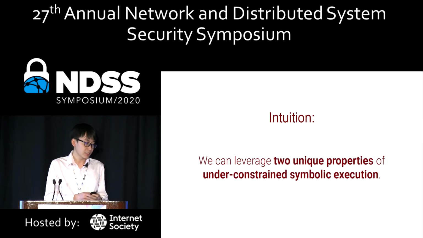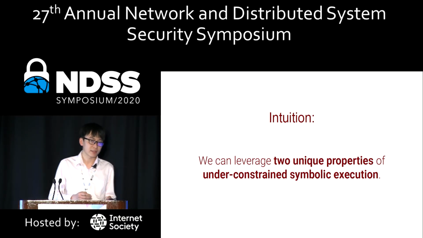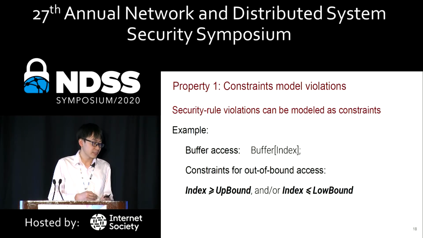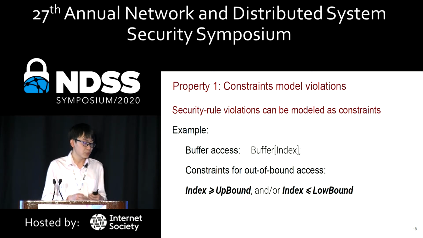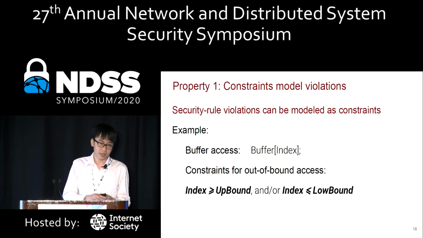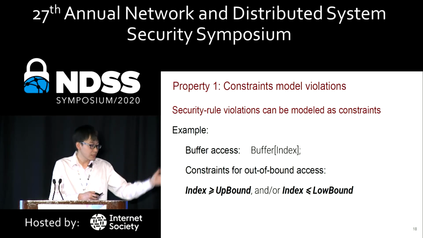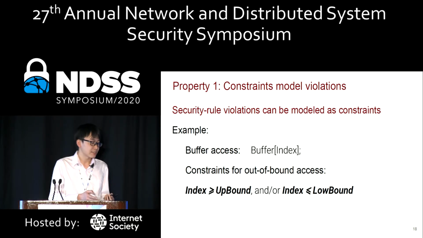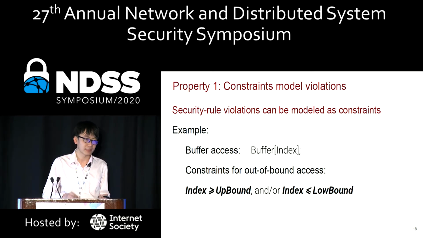Our intuition is to use the unique properties of under-constrained symbolic execution to determine if the code violates some security rules or not. The first property is that security rule violations can be modeled as constraints. For example, here is a buffer access against an index, and the constraint for out-of-bound access can be modeled as the index being larger than the upper bound or the index being smaller than the lower bound.